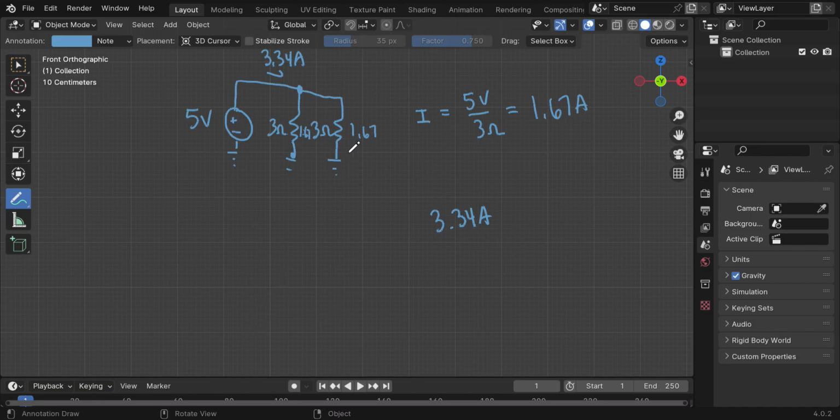So let's see if my equivalent circuit has the same amount of current going through it. My claim is that the equivalent circuit would look like this. And I'm saying that it's 9/6, right? Because it's 3 squared divided by 3 plus 3.